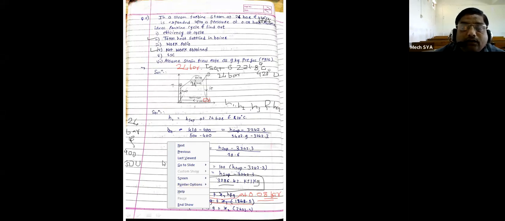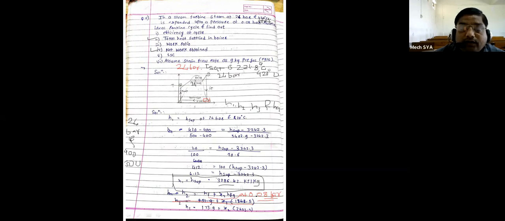So table number 2: HF at 0.08 bar is 173.9 plus X2 into HFG at 0.08 bar, which is 2403.3 kilojoule per kg.